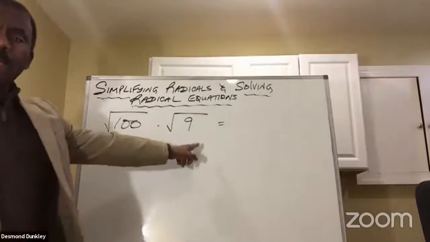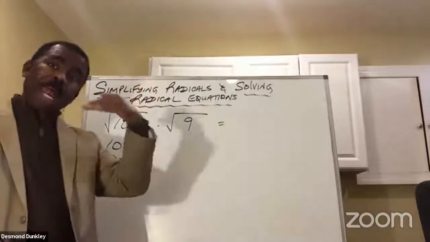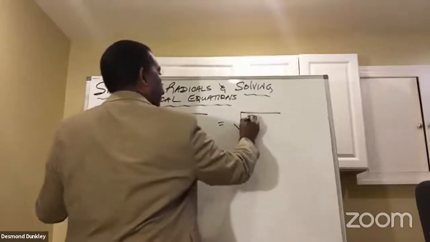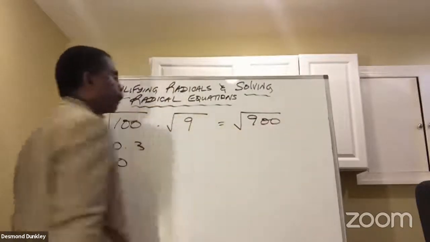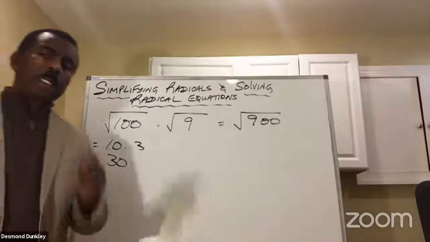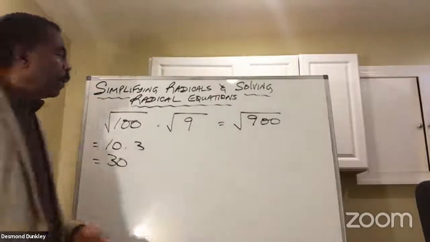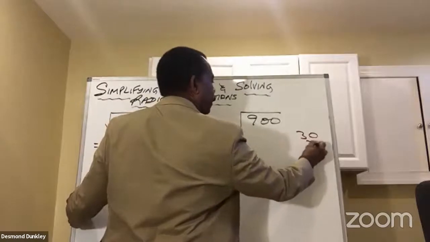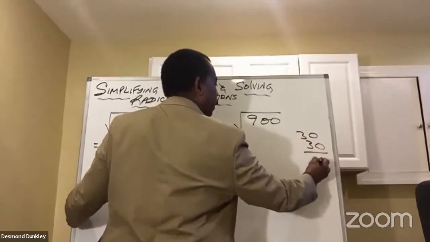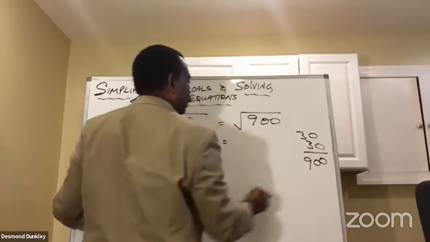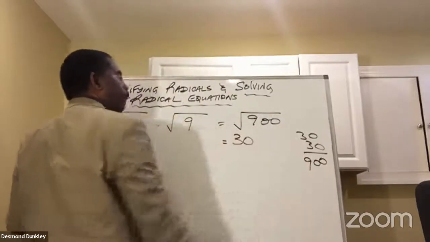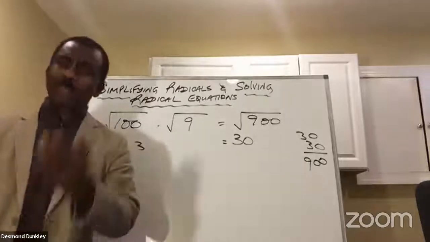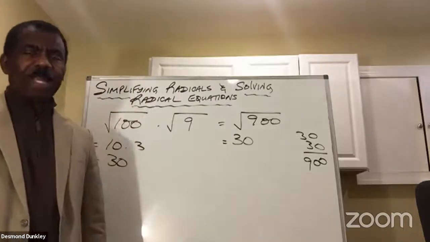If we put them together under the same radical, we end up with the square root of 900. And you know, and I know, that 30 times 30 is equal to 900. So the square root of 900 is 30. Same result. It works. Okay?